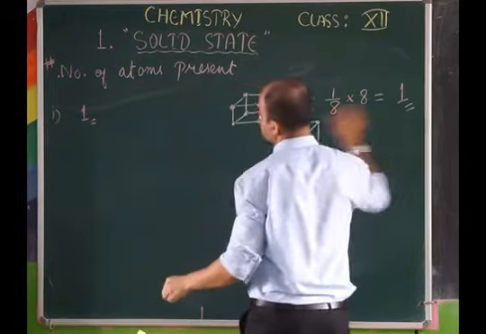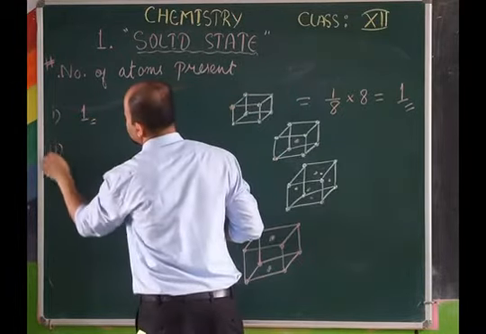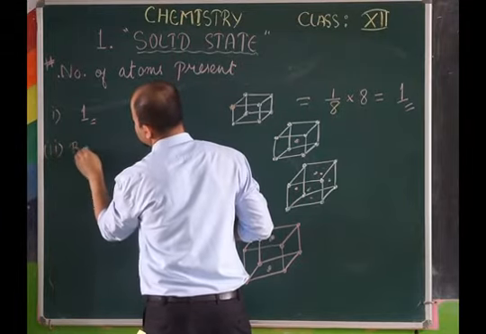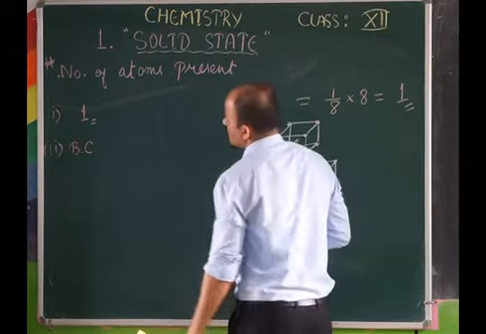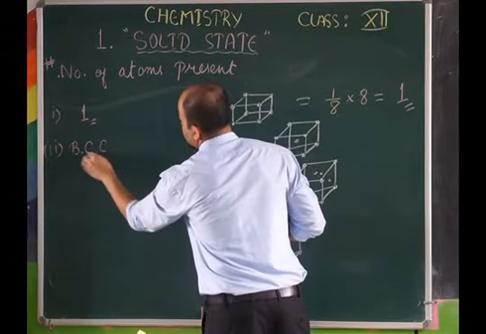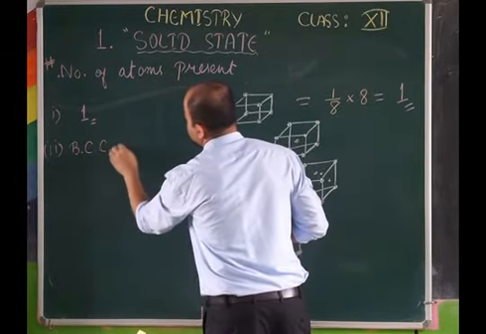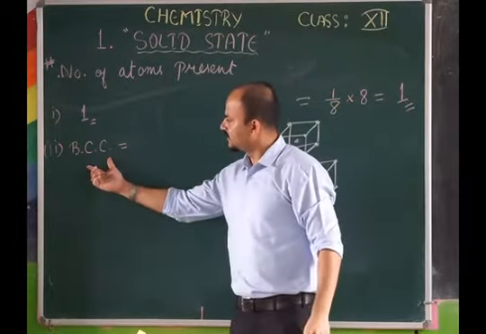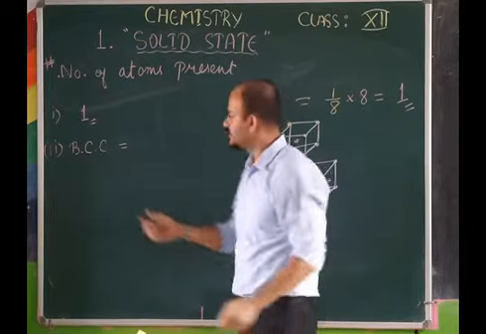We have calculated here. For number 2, what is it? It is body center. I am writing body center cubic cell, BCC. So to be a body center cubic cell, atoms have to be present where?